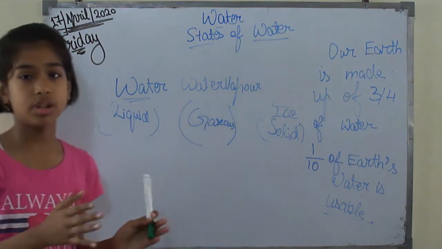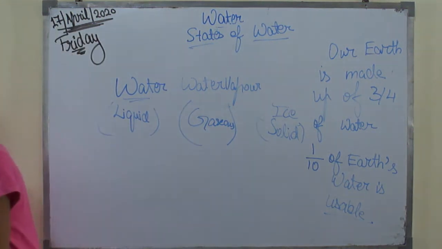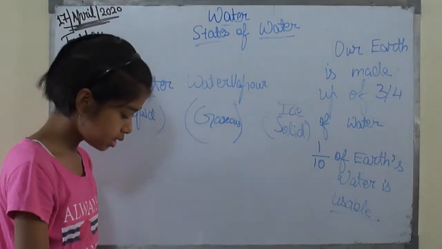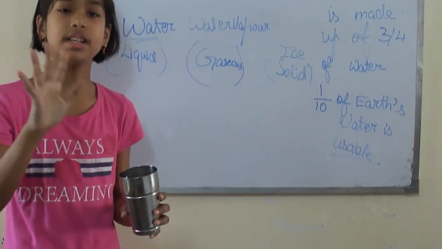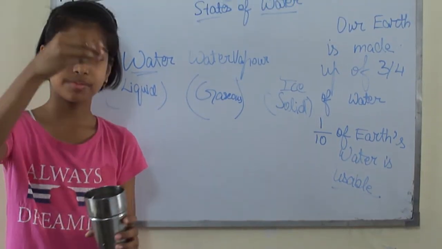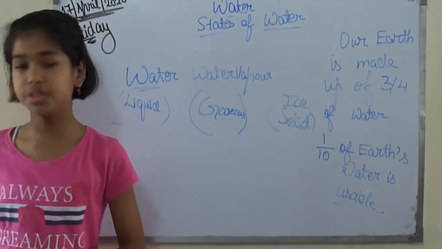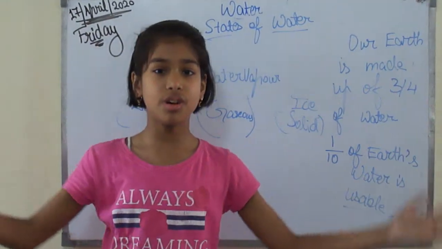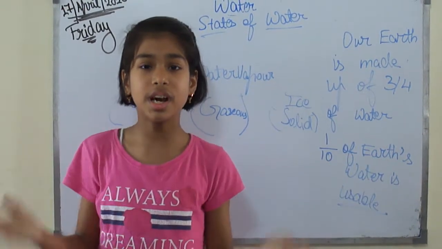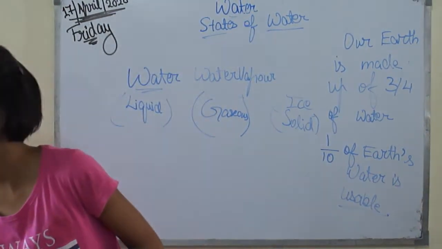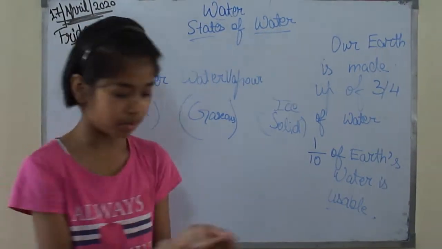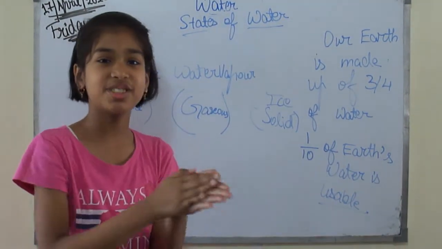So you can see I have some water here. This is liquid water, and you know that water vapor is present all around us. And you know this ice, the solid form of water, is so cold.